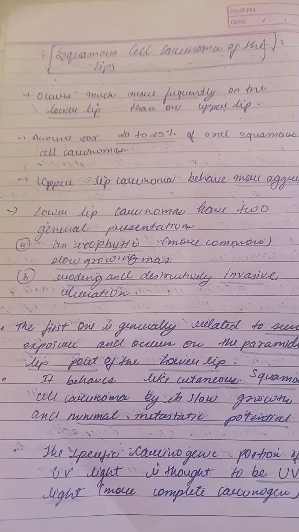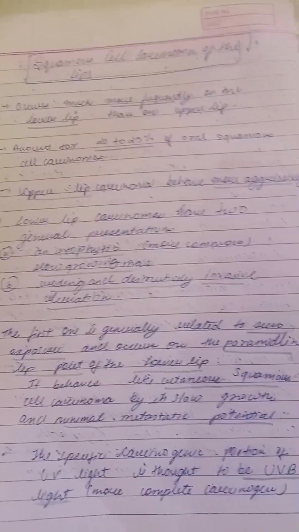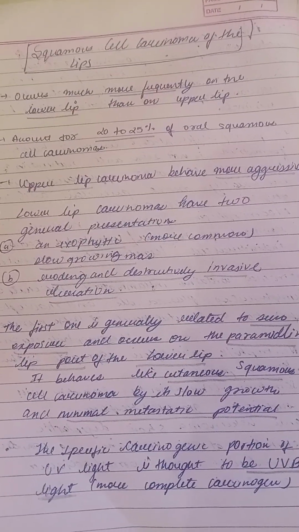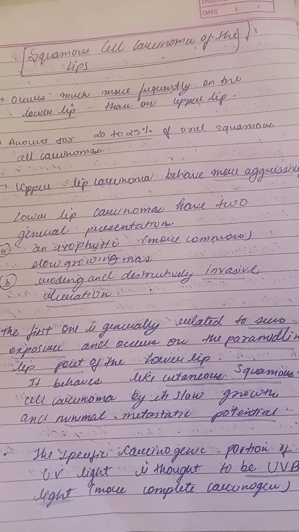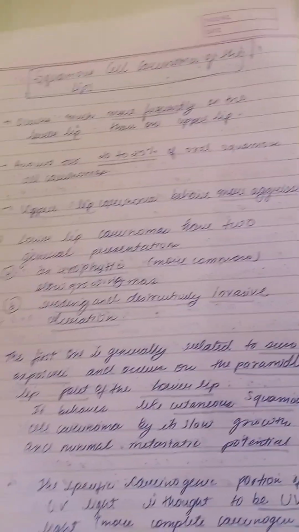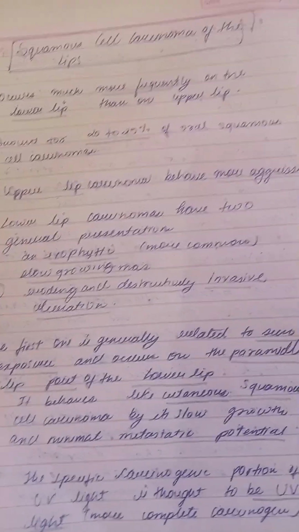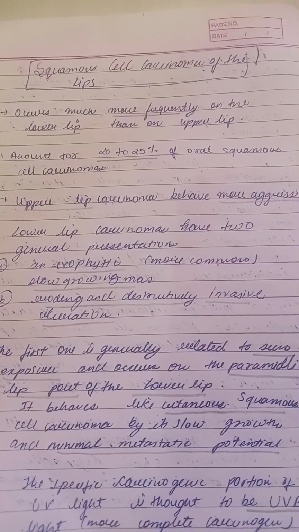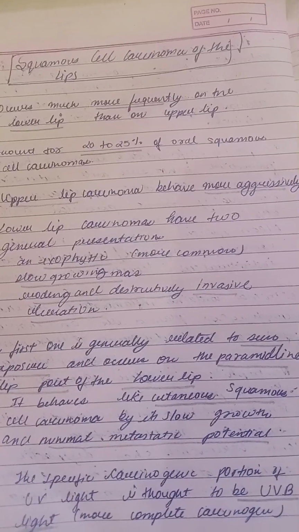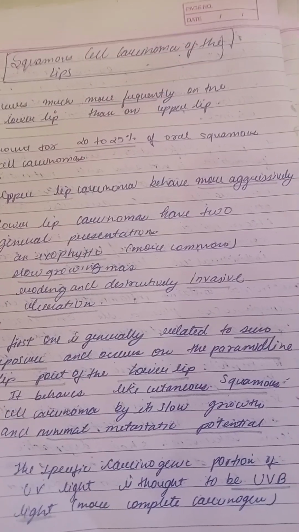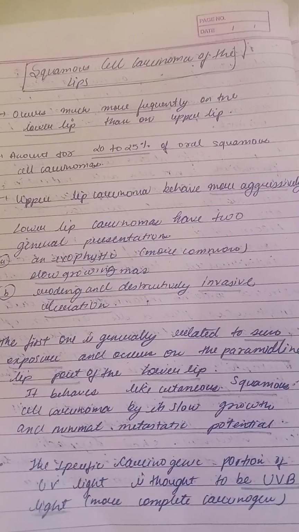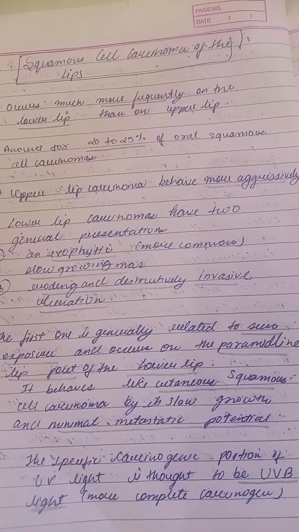The first one, the exophytic slow growing growth, is generally related to sun exposure. So the etiology of exophytic growth in lower lip carcinoma is mainly sun exposure or UV light, and it occurs on the paramidline part of the lower lip.